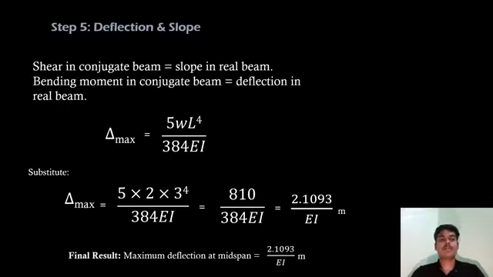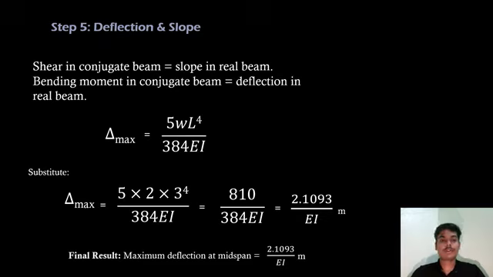Then step 5 is deflection and slope calculation, which includes shear force in the conjugate beam equal to the slope in the real beam, and bending moment in the conjugate beam equal to the deflection in the real beam. The formula for maximum deflection is 5 into W into L raised to 4 divided by 384 into EI.